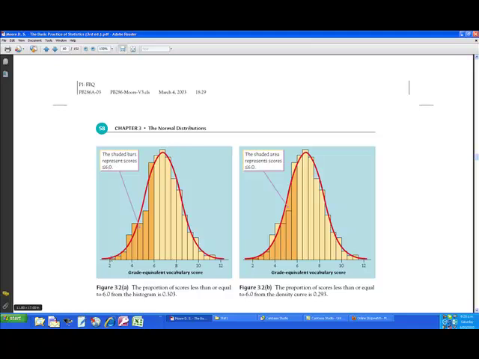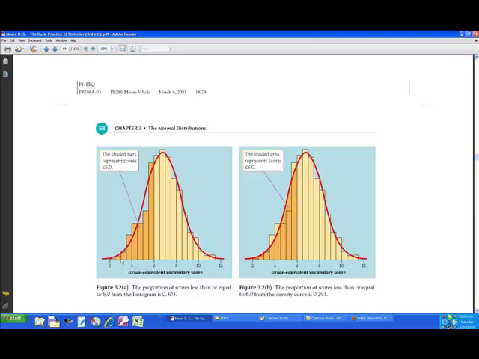So we can ask how many students or what percent got scores around 2, and that's represented by the height at 2. We can ask how many got scores between 2 and 2.5, then 2.5 to 3, and 3 to 3.5, and 3.5 to 4.